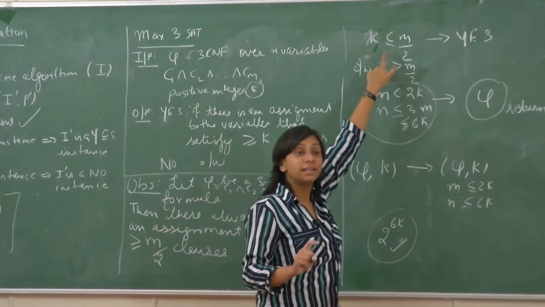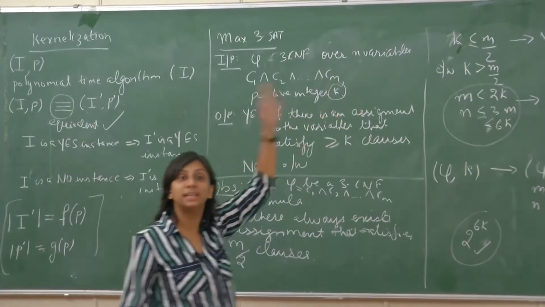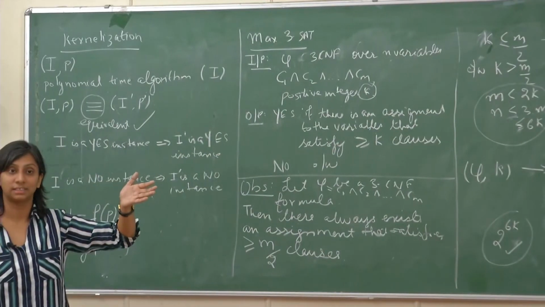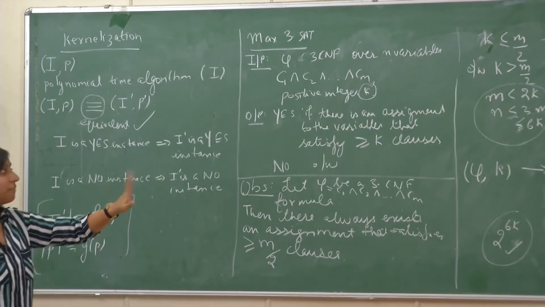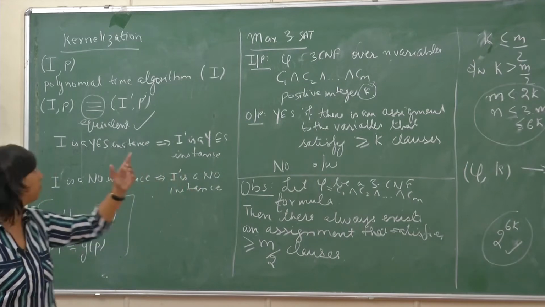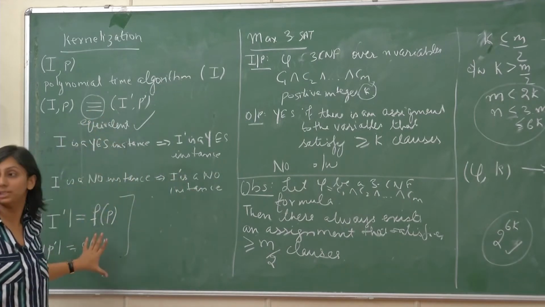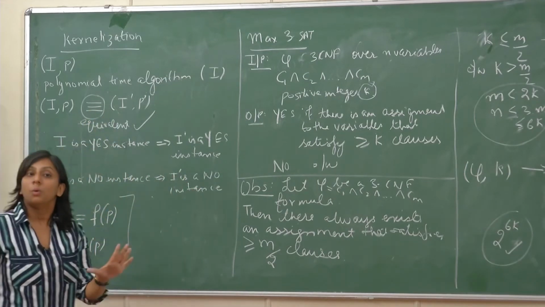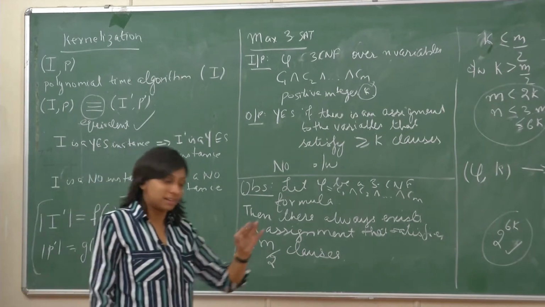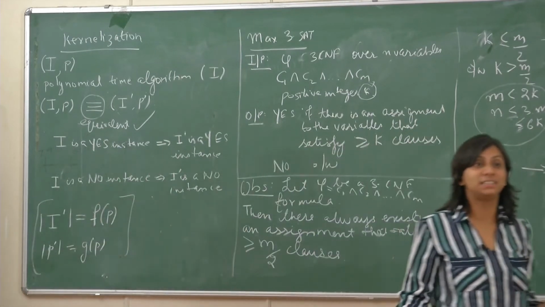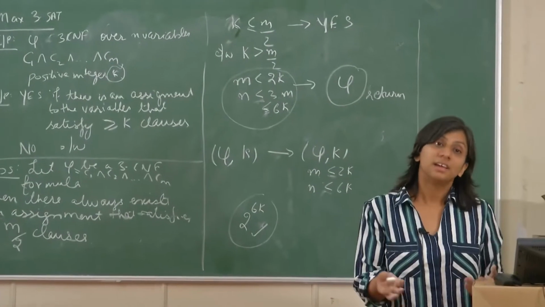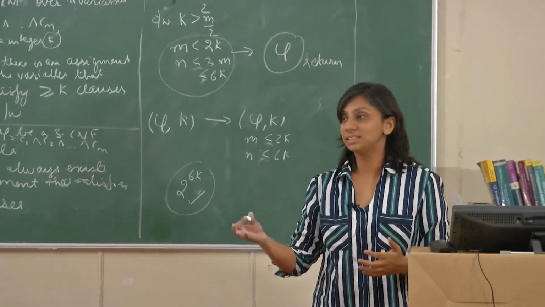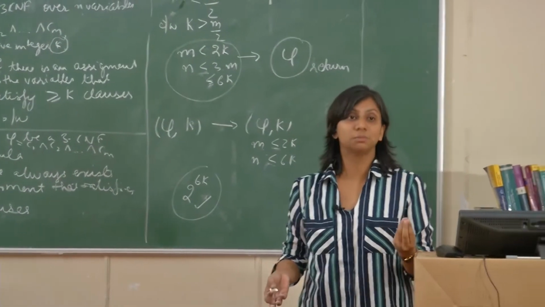But what I know here is that the input instance itself is a yes instance. So what is the property that I want? I want to output an equivalent instance of small size, right? Just think about it. It's like how we cheat. Exactly. Just return an instance that is always true, and that's small, a trivial instance.